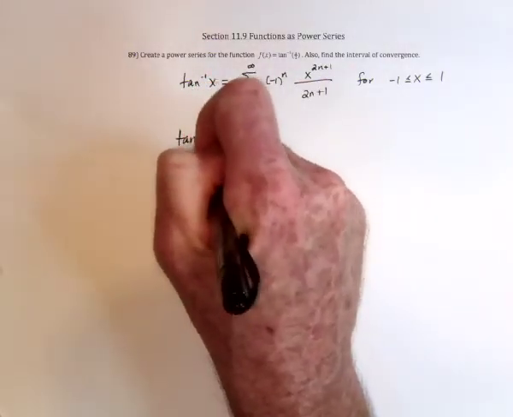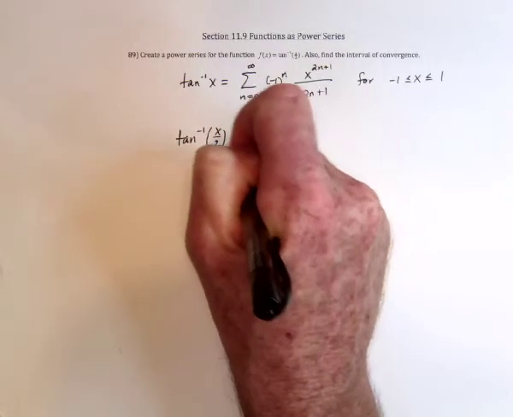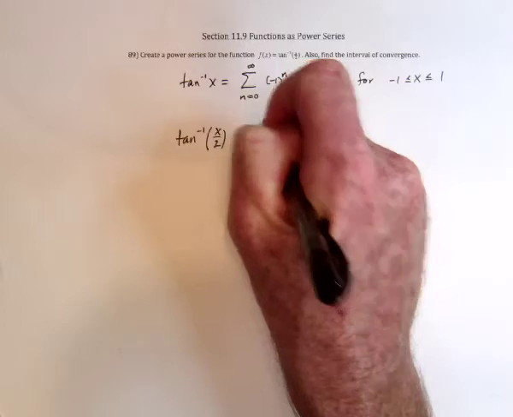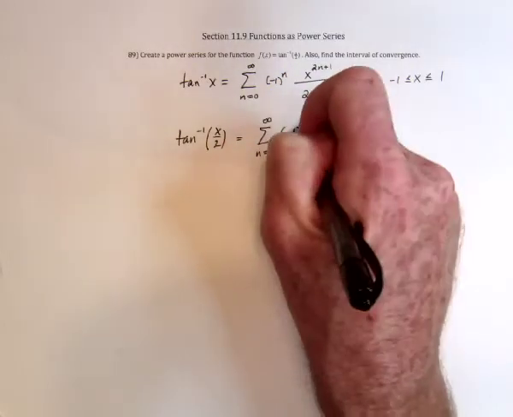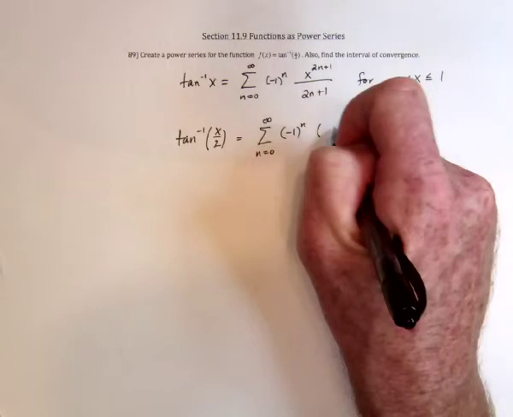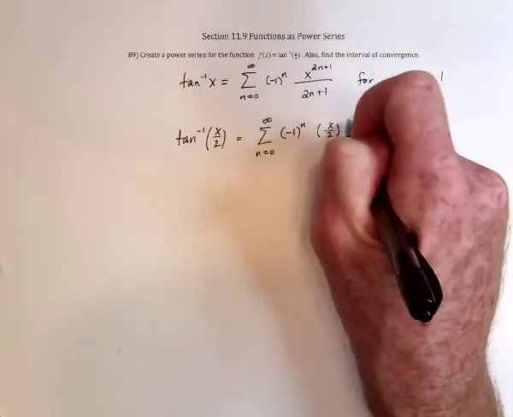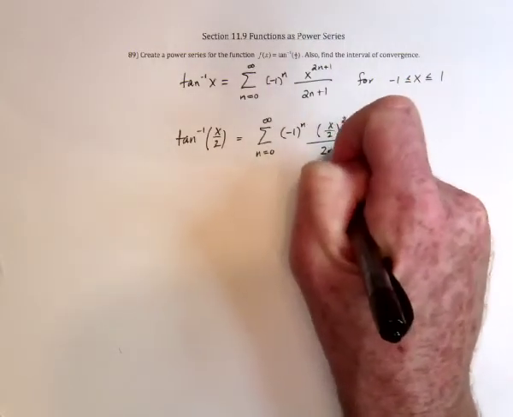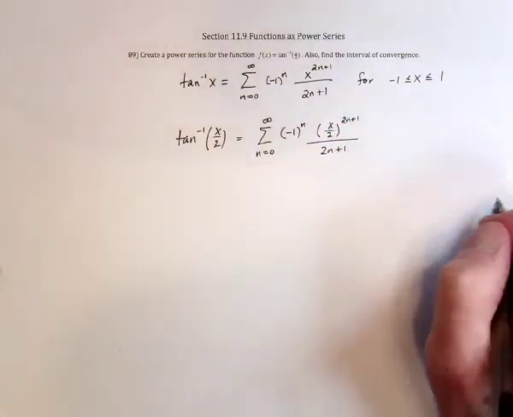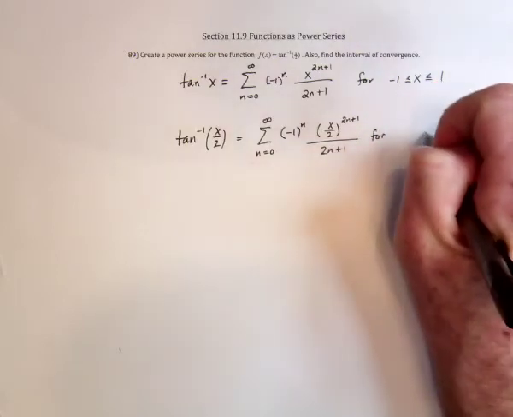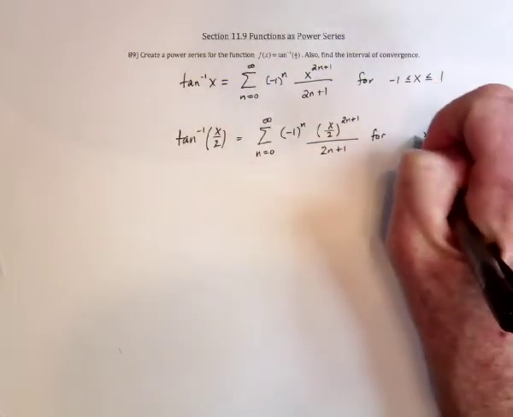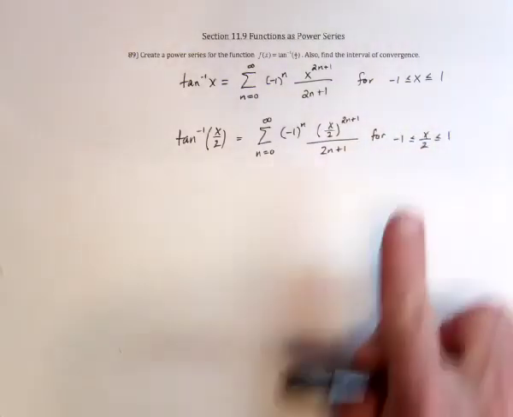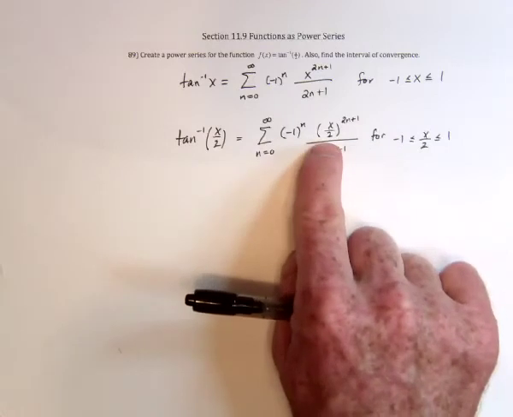So tangent inverse of x over 2, and then this x over 2, and then it's raised to the 2n plus 1 divided by the odd number, and then that's going to work for x over 2 between -1 and +1. So now we just need to do some algebra right here and some algebra right here.